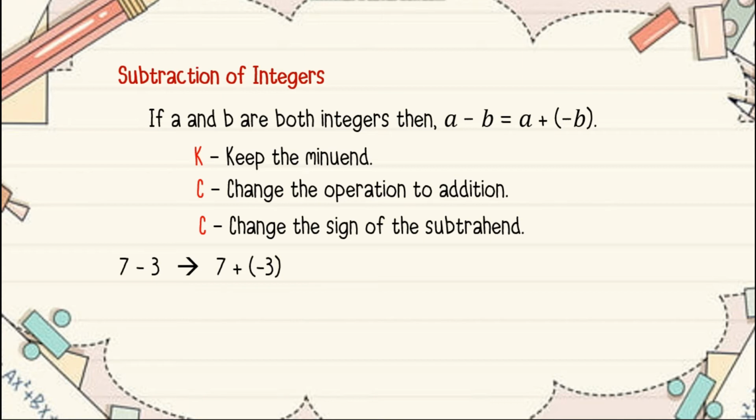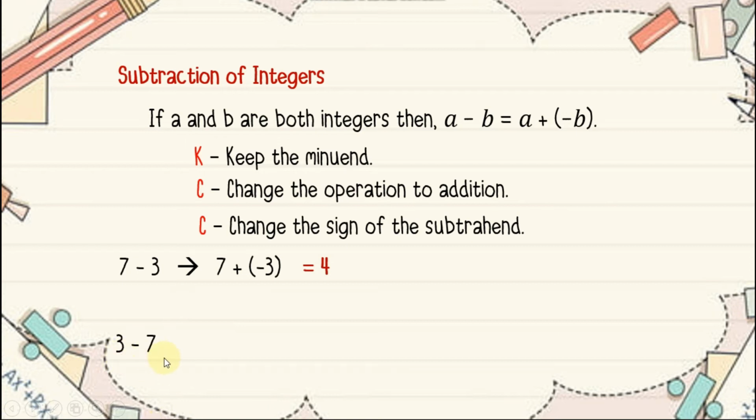Follow the rules in adding. So, different sign, subtract, copy the sign of the number with the greater absolute value. So, 7 minus 3 is equal to 4. 7 is positive, so the result is positive 4. Next, 3 minus 7.